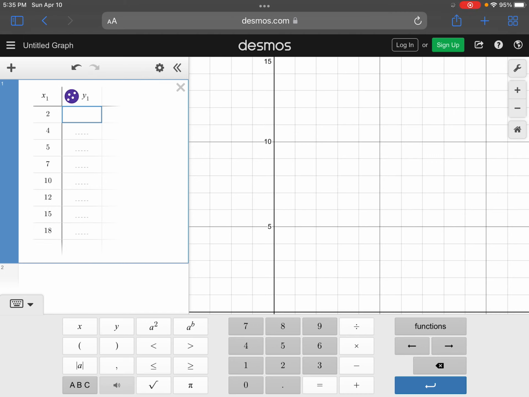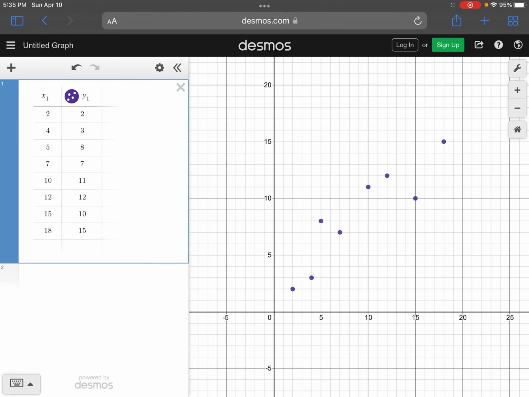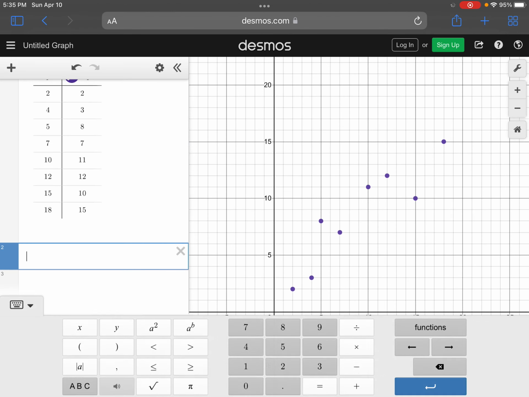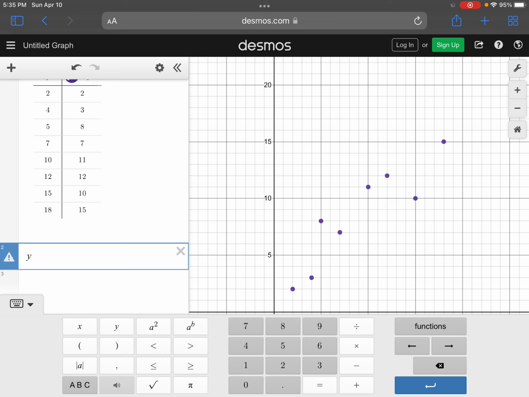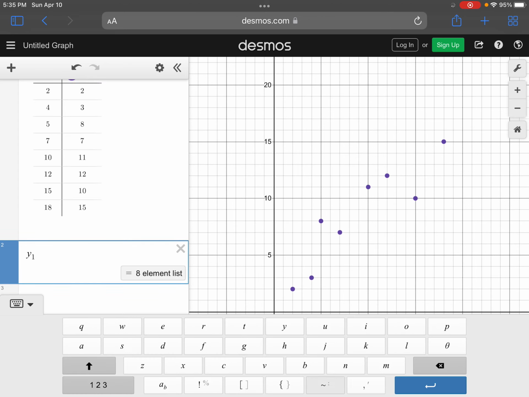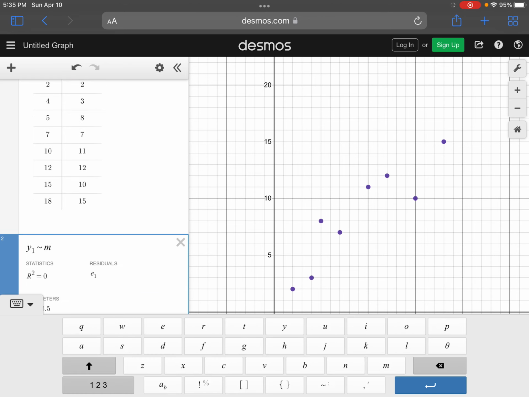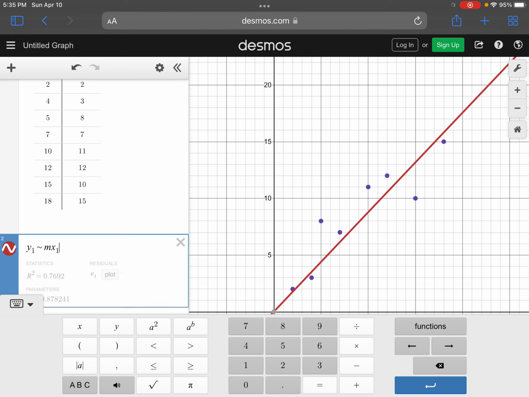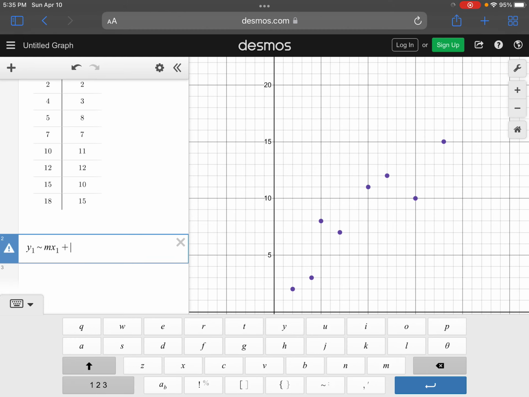And then my corresponding y values are 2, 3, 8, 7, 11, 12, 10, and 15. So here are those values. And then in line 2, I'm going to type y1 tilde m x1 plus b.